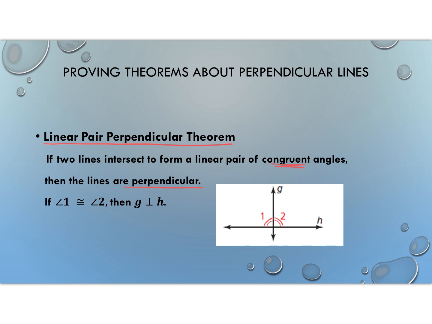There's only one pair of angles in a linear pair that are congruent, and it's when it's 90 and 90. So it has to be right angles for that to happen, and that's all this theorem says. So if angle 1 is congruent to angle 2, then line G is perpendicular to line H. And again, this is the symbol for perpendicular.